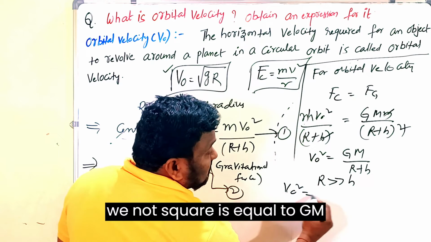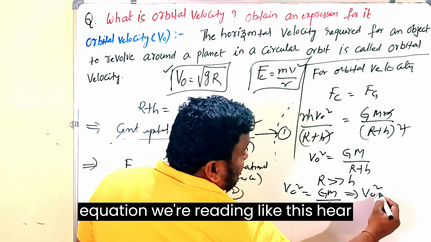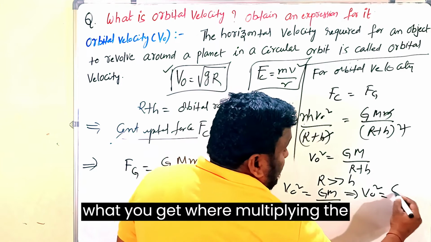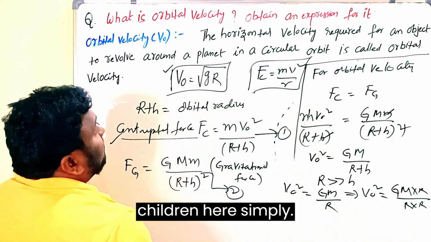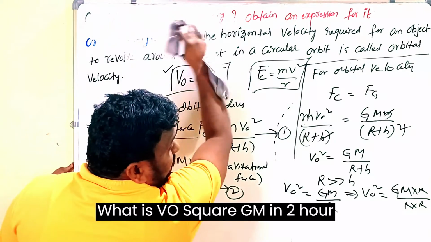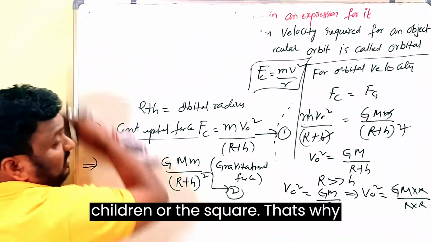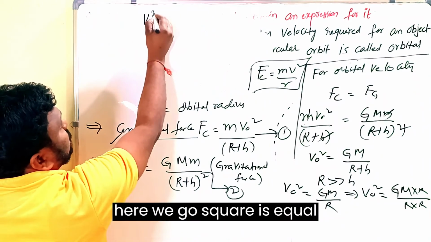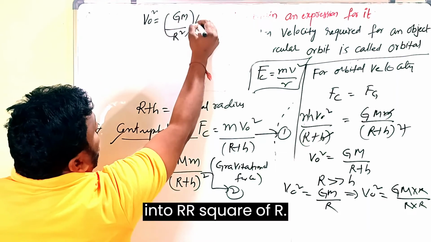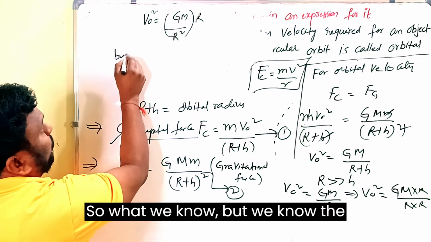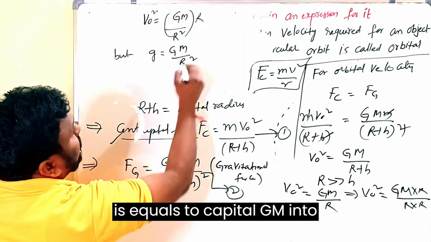Then Vo square equals G M by R. Multiplying the numerator and denominator by R, we get Vo square equals G M R by R into R, which is R square. So Vo square equals (G M by R square) into R. We know the relation between small g and capital G: g equals G M by R square.